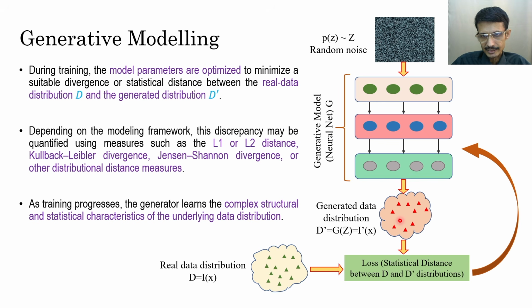Then we try to find the difference between this generated distribution and the real distribution. Definitely the loss is a bit high, and according to this loss we update the weights. So the model parameters are optimized, learned, to minimize a suitable divergence or statistical distance between the real data distribution D and the generated data distribution D bar.